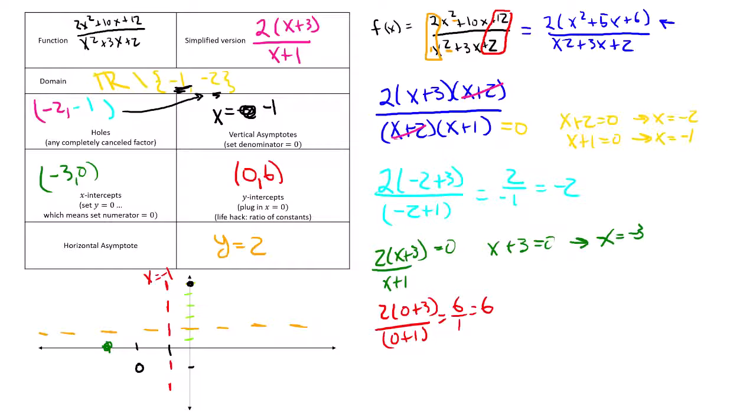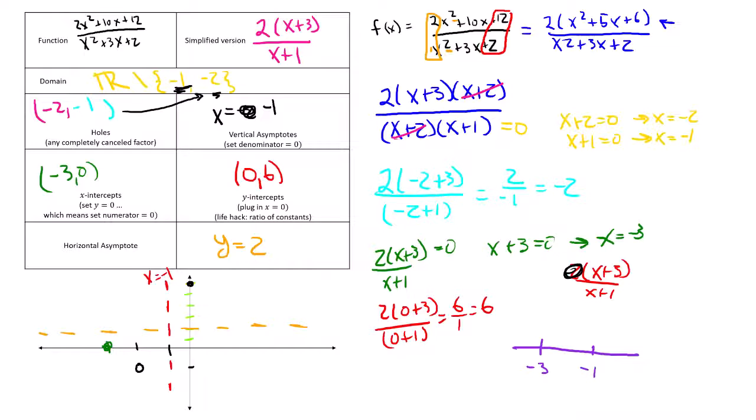And then, we can figure out what this function is going to do, just using the logic of last video. If we plug any value less than negative 3 into our simplified version, like negative 4, remember our simplified version 2(x + 3) over (x + 1), we don't care about this 2, it's positive, doesn't affect anything.